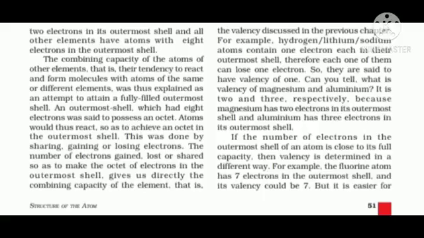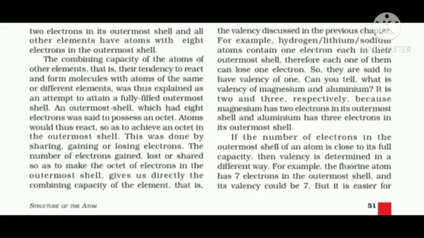Consider the 3 elements hydrogen, lithium, sodium. The atoms of hydrogen, lithium, sodium contain 1 electron in the outermost shell. So for them, it is easy to lose 1 electron. So they have the valency 1.